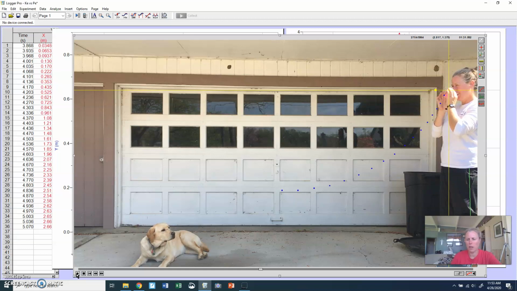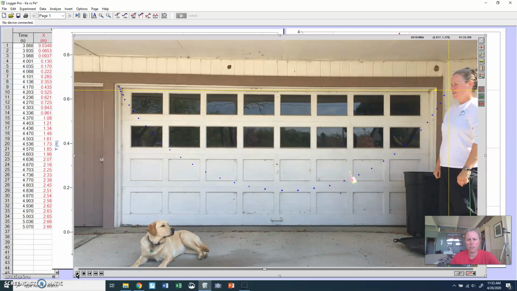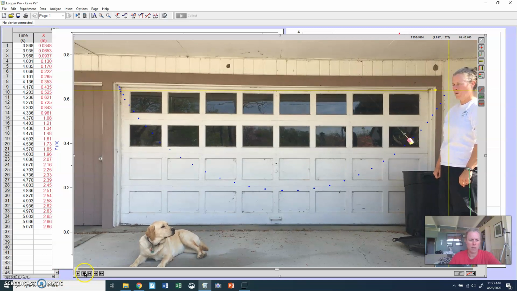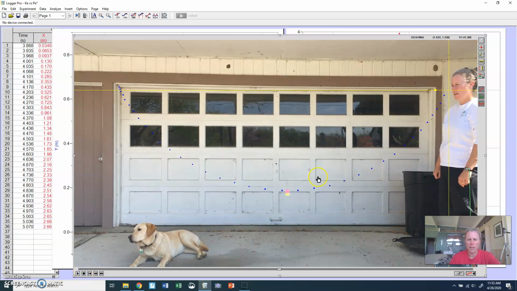Sorry, I got some verbal going on. I have a full video, and I can just pause that. You can see, as it's gone through its motion, it creates this big arc. So my y value should start at 0, go to a peak, and come back to 0.